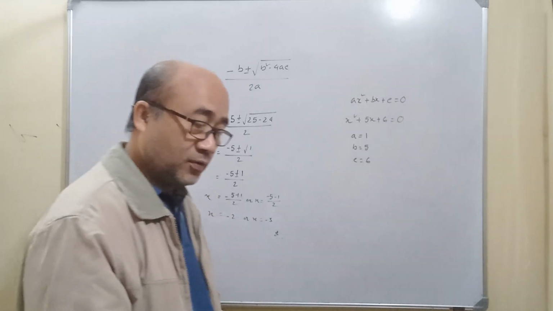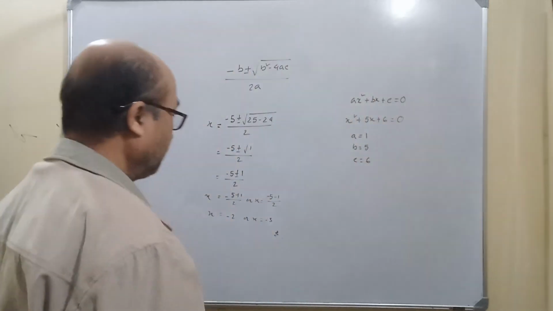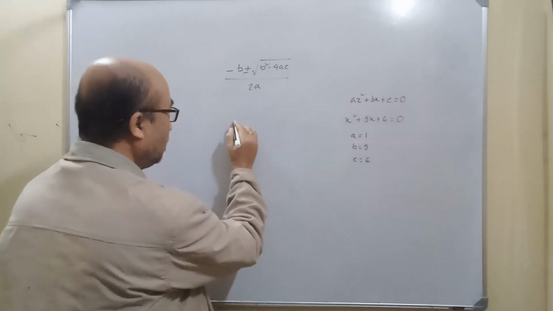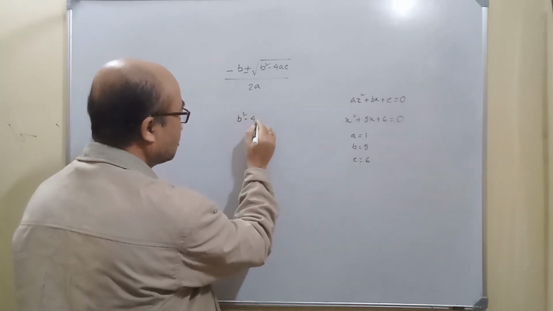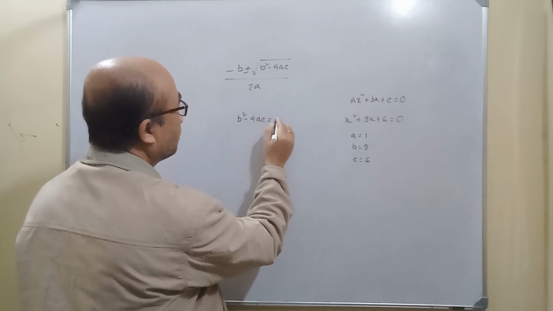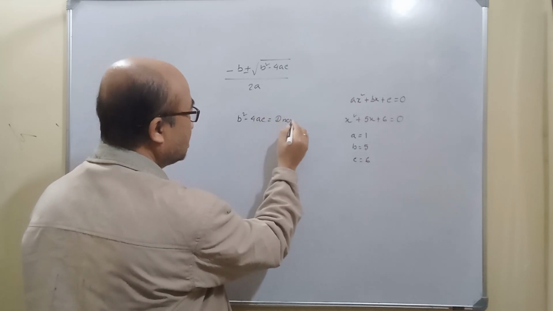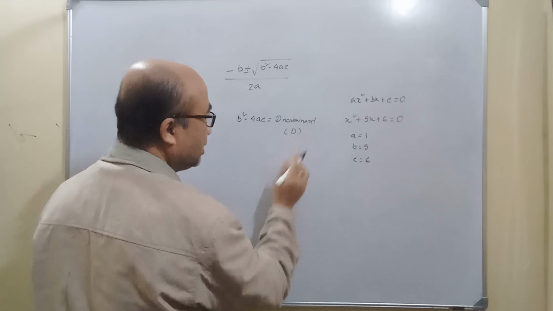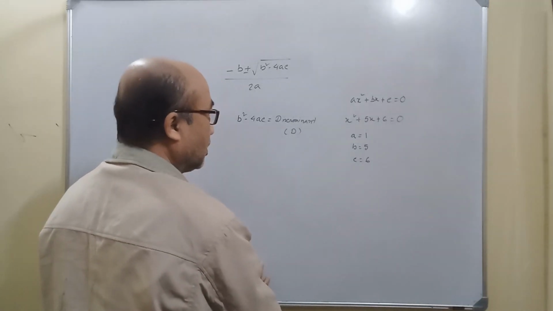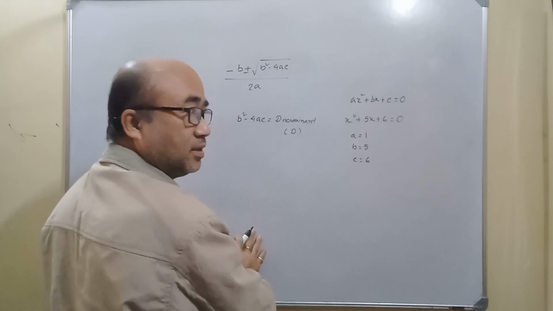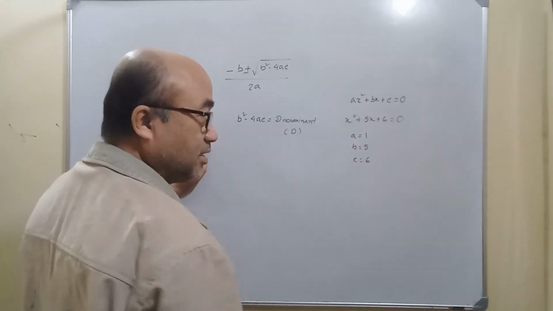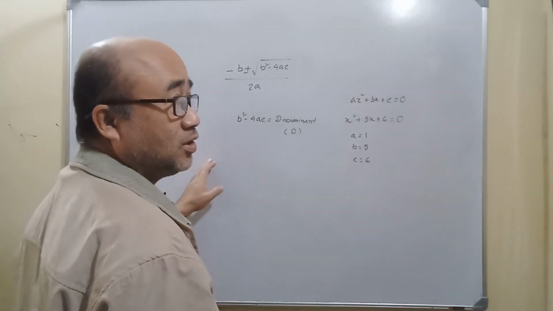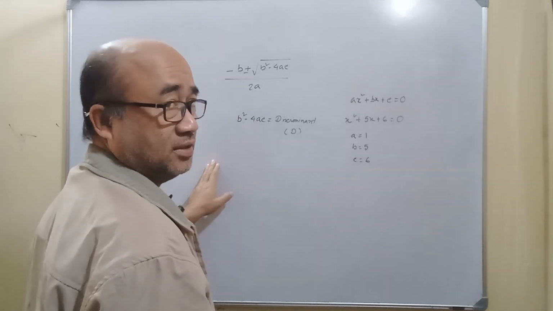And now, a few important things you have to remember. We have this term b square minus 4ac. This is known as the discriminant, or D. It is called the discriminant of the equation. It is called discriminant because it distinguishes between different possible roots of an equation.